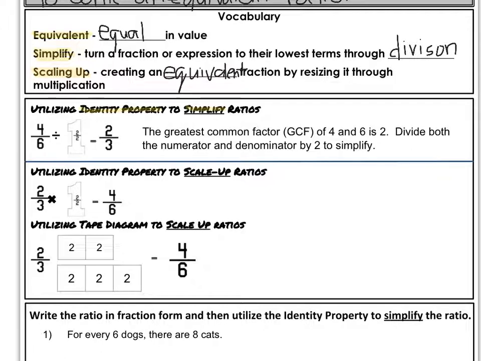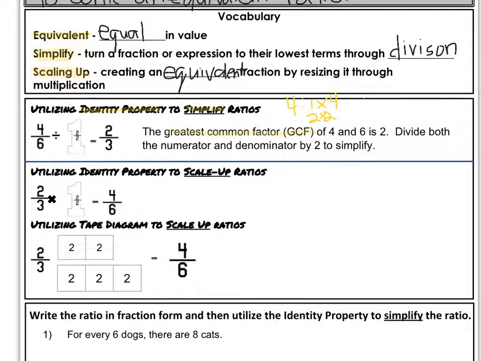So if we look at this example, 4/6, we're going to simplify it. To simplify 4/6, we have to find the greatest common factor, or GCF, of 4 and 6. The GCF of 4 and 6 is 2, because the factors of 4 are 1 and 4, 2 and 2.